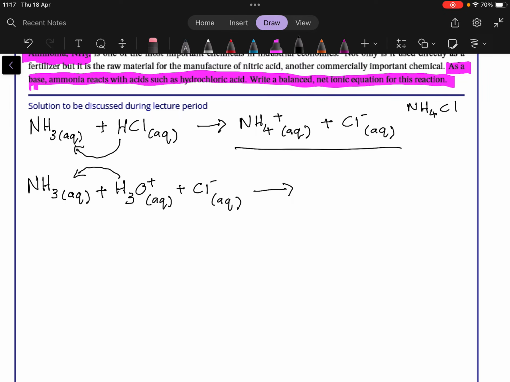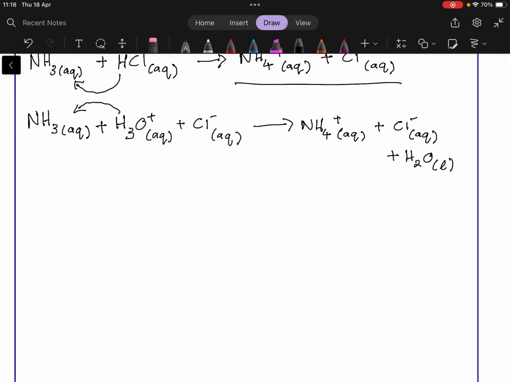So that the acid is H3O+, the base is NH3, then forms ammonium in solution, plus chloride minus, also in solution, plus water. Because if hydronium loses a proton, it just becomes water. So now we have a salt plus water. But we asked for the net ionic equation.